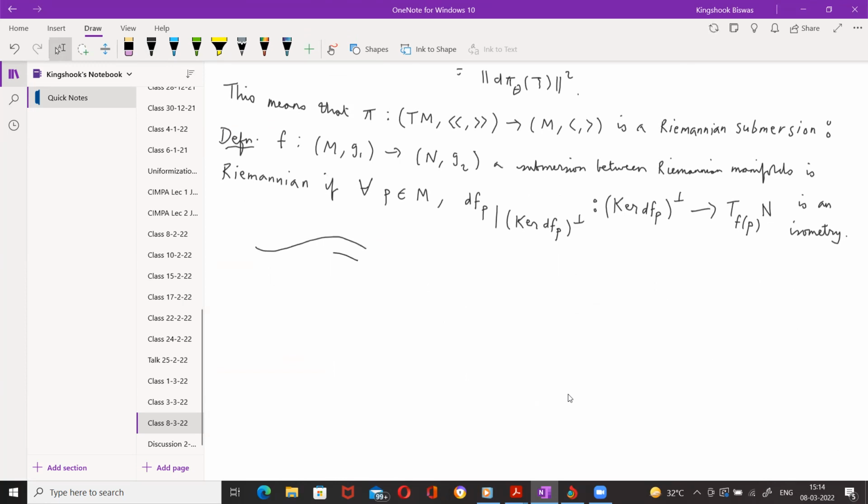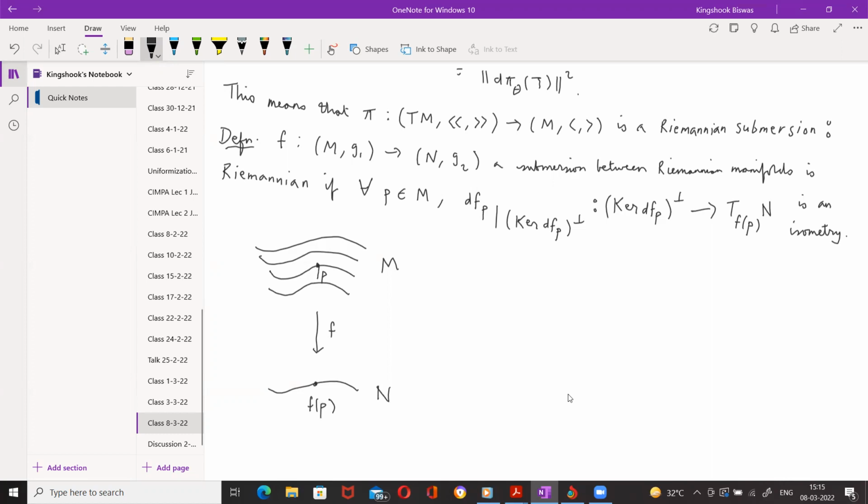Say this is M, and f is like a projection mapping to N. If I take a point p here, and this is f of p, what will the kernel of df look like?